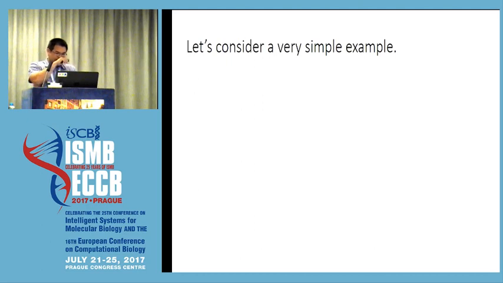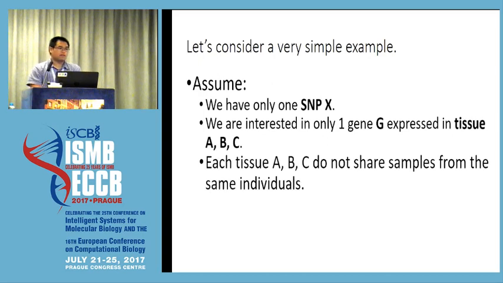Let's consider a very simple example, just so that we can gain a very strong intuition on how this method works. Let's first assume that we have only one SNP X, and we are interested only in one gene G that is expressed in 3 tissues, A, B, and C. For now, let's assume that each of the tissues A, B, and C do not share samples from the same individuals.